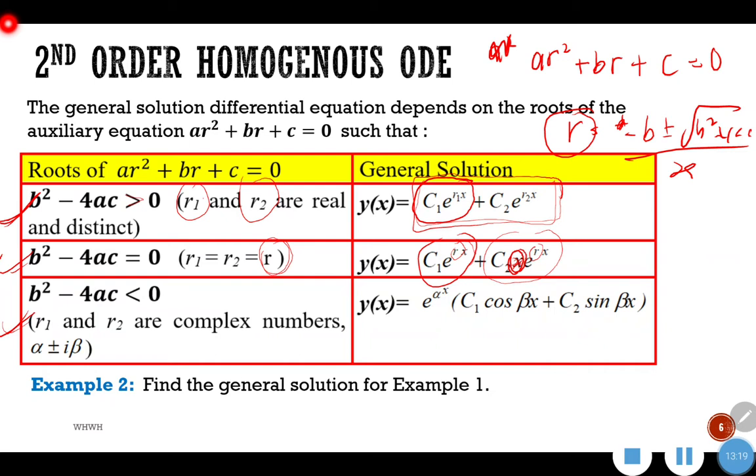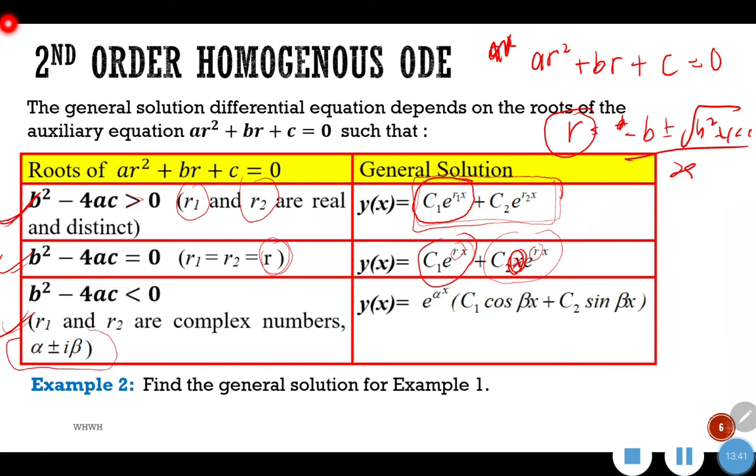Okay, alright. And then here, for this one, b square minus 4ac less than 0, then r1 and r2 are complex numbers, where the value is alpha plus minus i beta.